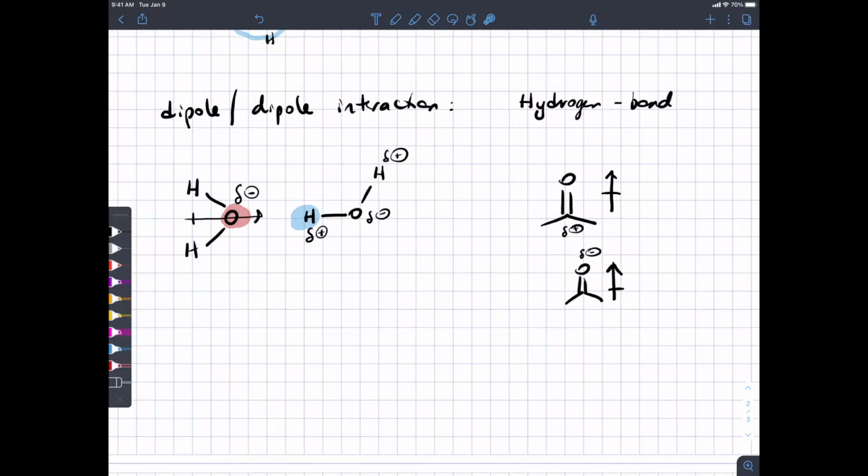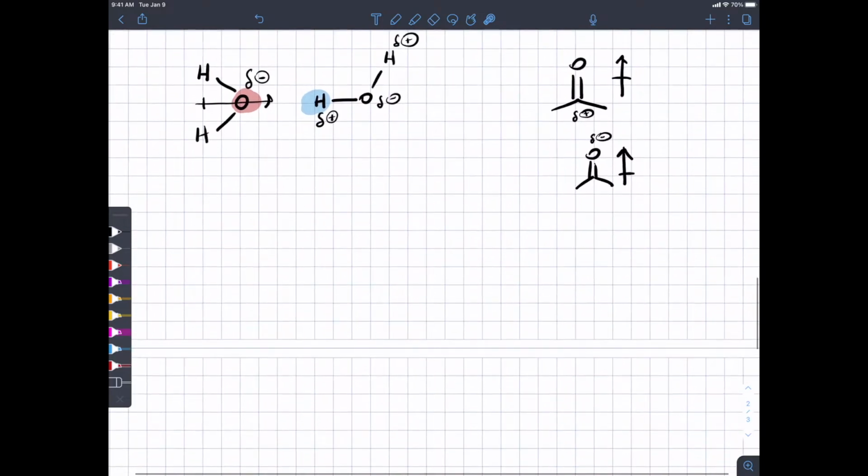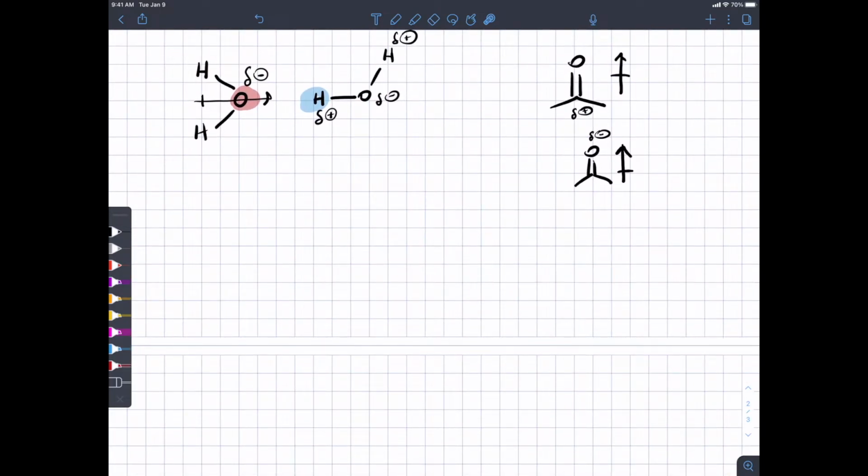Let's see, there was more to say about the hydrogen bond. Some people like to think of the hydrogen bond as being partially covalent in character. To envision this, all you have to do is draw the HOMO of one water molecule, which would be a non-bonding lone pair. If we want to imagine that being in an sp3 kind of orbital, that's totally fine.